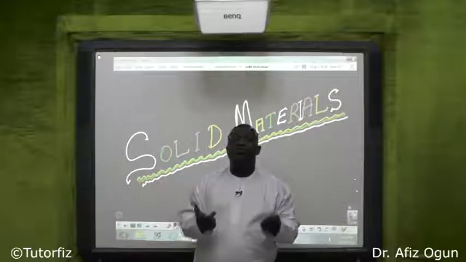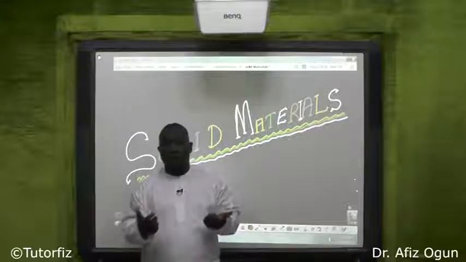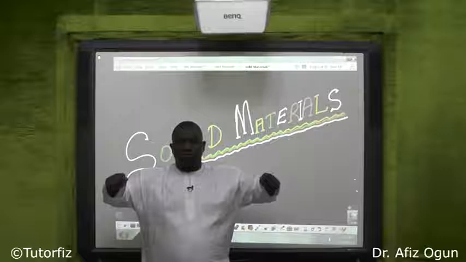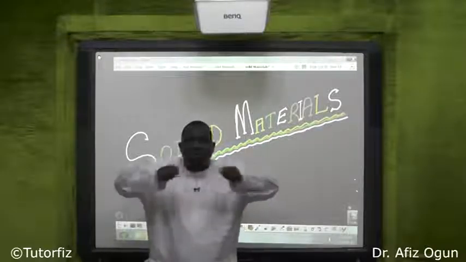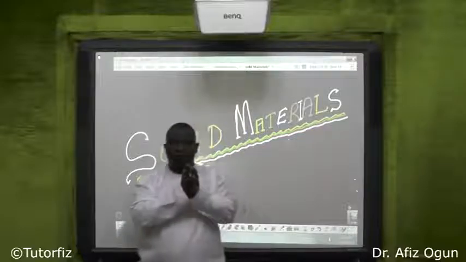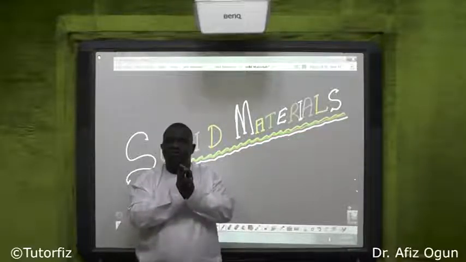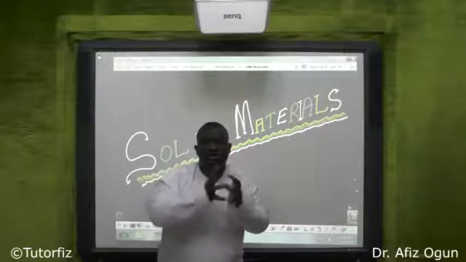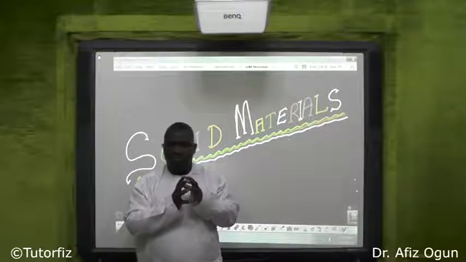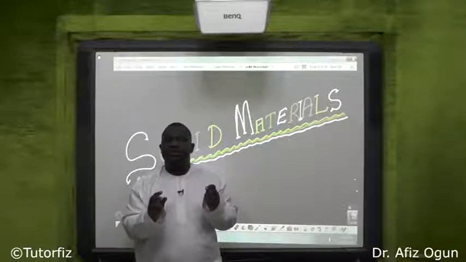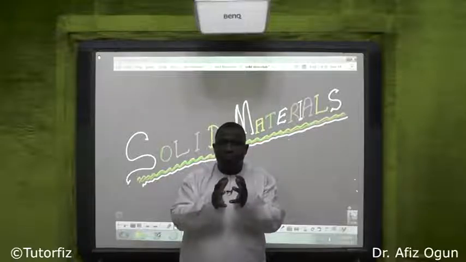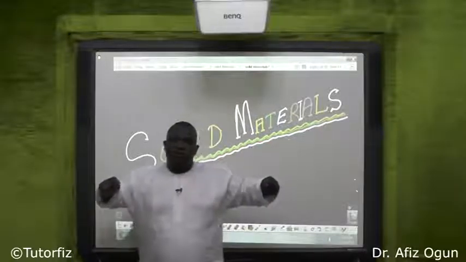So, let us look at the force you apply. The force you apply to this material may be a tensile force, that is pulling force, stretching force. And it may be a compressive force to deform the solid, that is squashing or squeezing force.